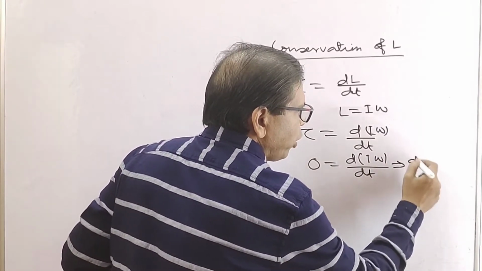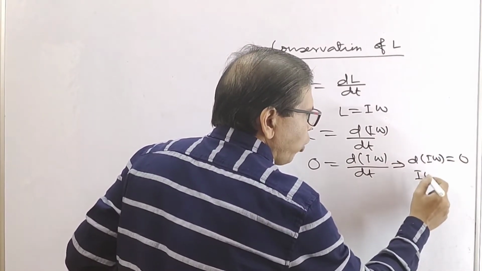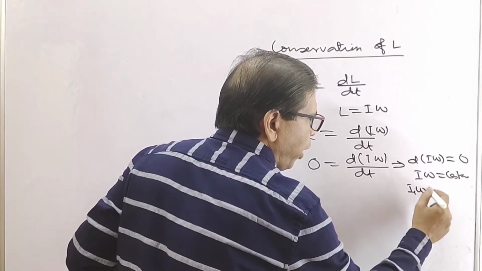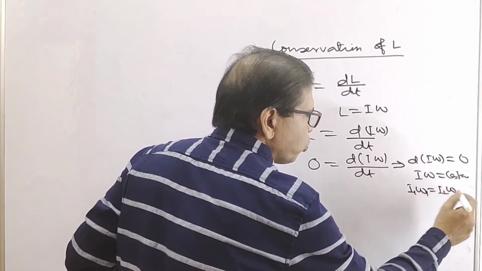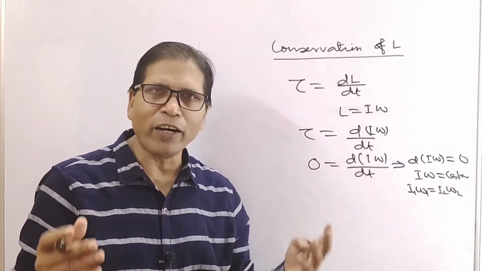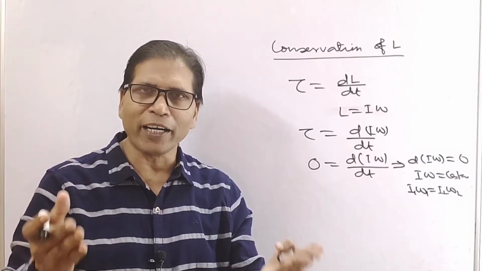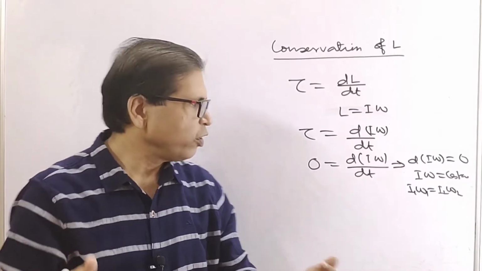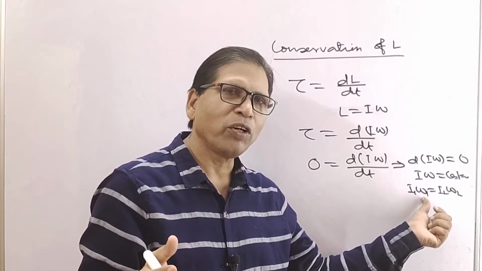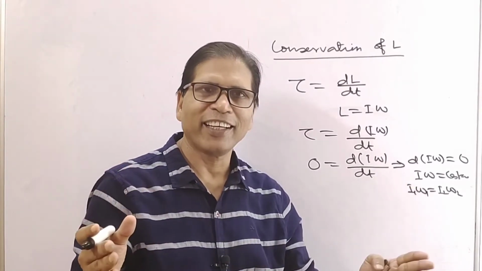So d of I omega is equal to 0, so I omega equals constant. Therefore I1 omega1 equals I2 omega2. If there is no external torque acting on a system of particles, then their angular momentum is conserved. That is, when the moment of inertia decreases, angular velocity increases. When the moment of inertia increases, angular velocity decreases.